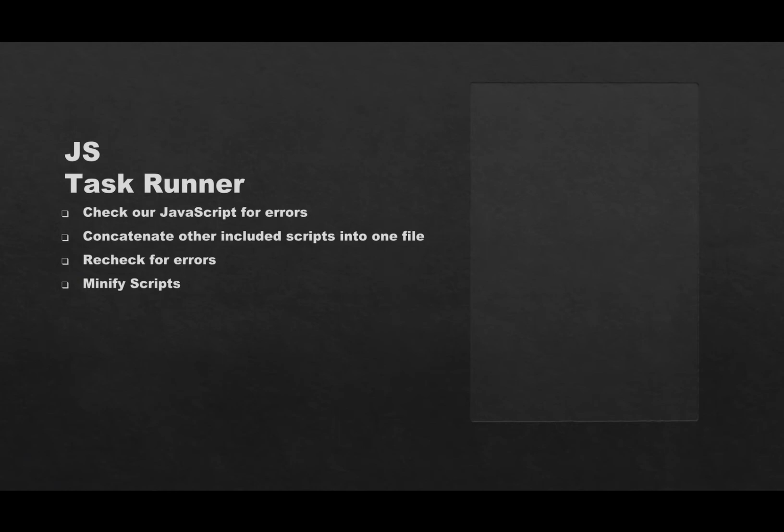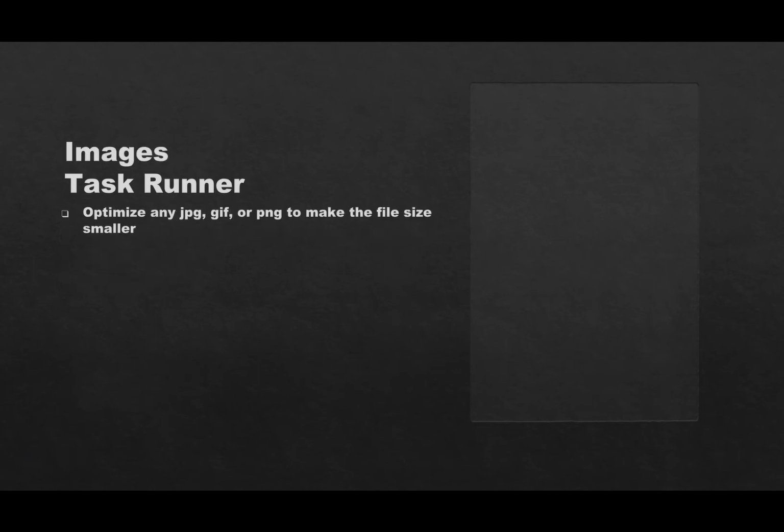Sometimes a lot of developers will separate them out so they understand what JavaScript file is doing what action, but it does make it easier for the web page to load up if it's all inside one file instead of multiple files, and it doesn't have to load all 10 or 15 different JavaScript files that you've created for different functions. And then recheck for errors and minify these scripts.